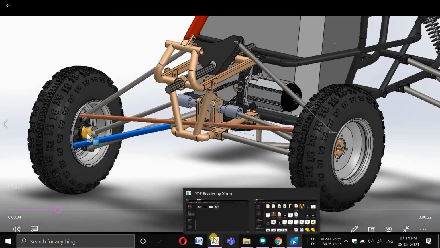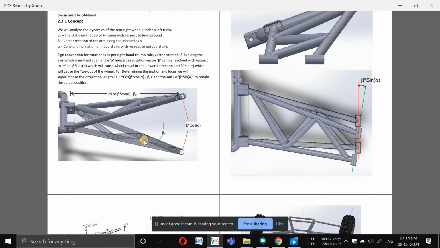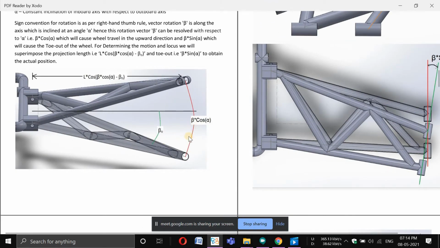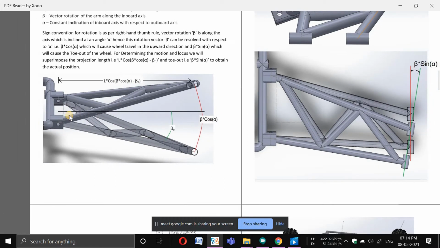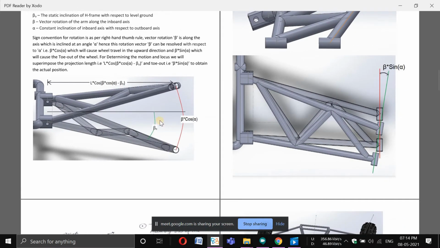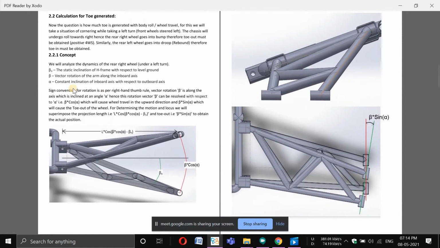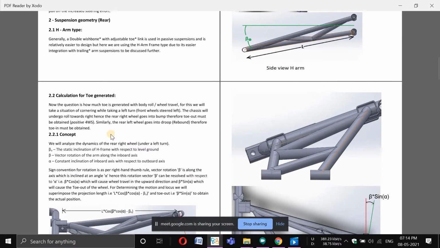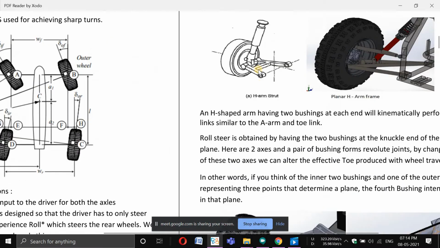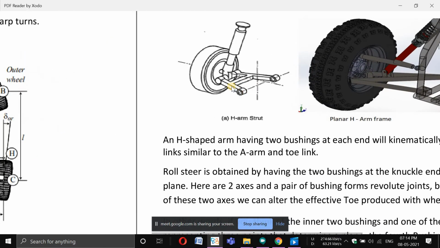This is the traverse I am talking about, this beta. Beta is the angle along the axis of rotation of this H arm. H arm geometry is a type of geometry used in vehicles.